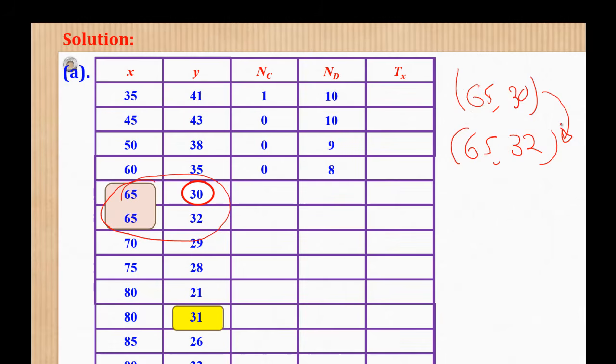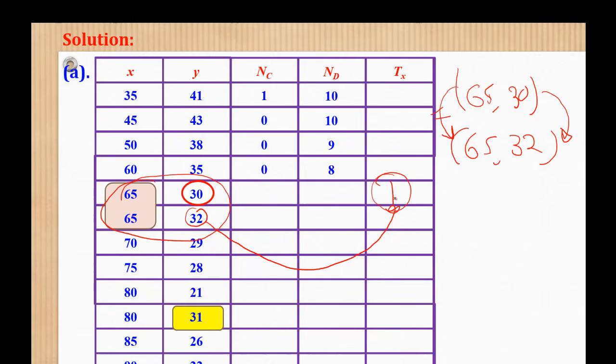You know why? Because on this side it is equal. So we say there is a tie in X. So when you are counting this one, we are going to put it here under ties in X. Because it is neither in agreement nor in disagreement. We cannot say it is under those which are in agreement, and we also cannot say it's under those which are in disagreement. So it goes under this part here.